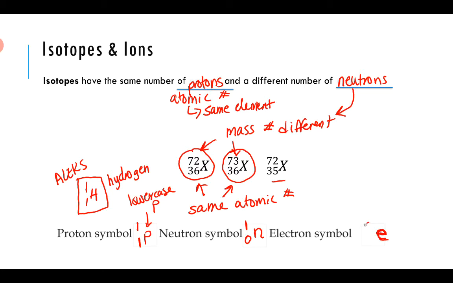Electrons do not contribute to the mass, so it will have a 0 for the mass number. And this might seem weird, but they're going to have a -1 for the atomic number. And that's to help us with balancing our nuclear equations. That will make a little bit more sense later.